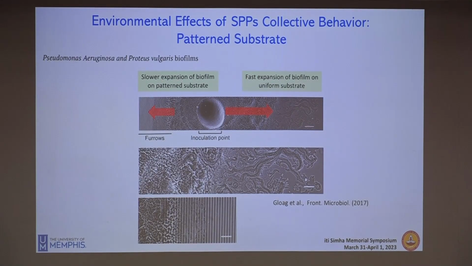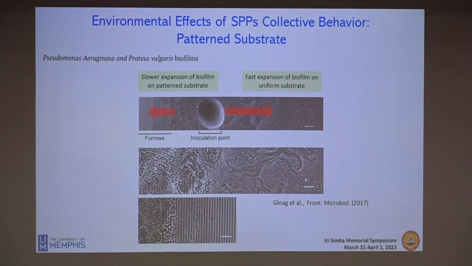Okay, so another study was performed on an environmental situation where they controlled the substrates. Most of the work has been done on uniform substrates, of course. But what if you have a substrate that is patterned?